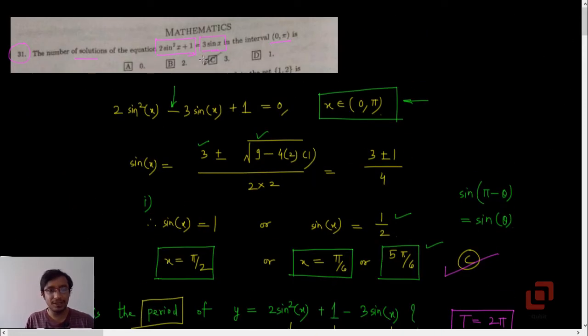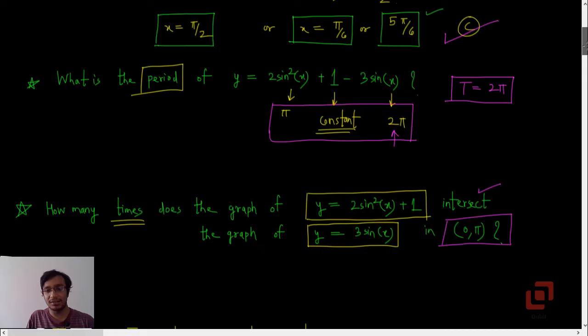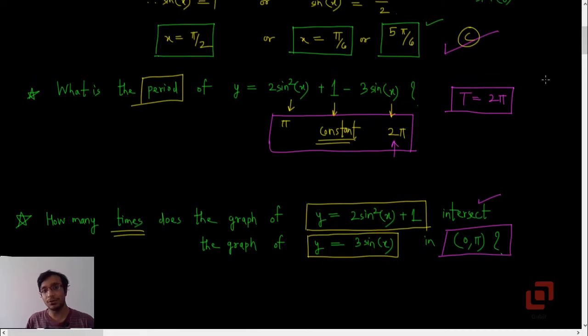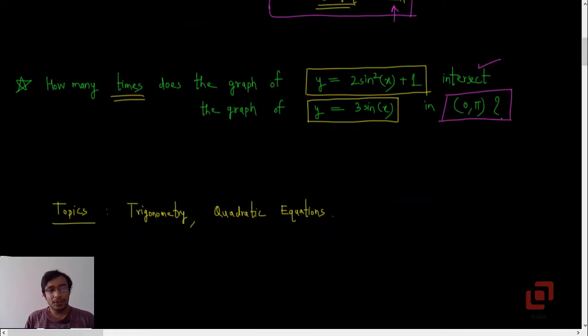When you shift 3 sine x to the other side, it acquires this negative sign. So finding the points of intersection is as good as finding the roots of the equation. So this question was based on trigonometry, as we have seen already in our review slide, and of course quadratic equations. And now we are going to verify all these things graphically.